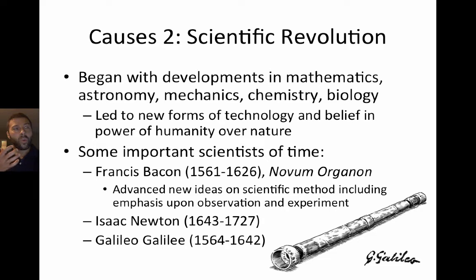Now, with the scientific revolution, this leads certainly to new technology, and it leads also to a certain belief among individuals within society that, well, look, we can describe the laws of nature, and in describing the laws of nature, we can also harness its power.